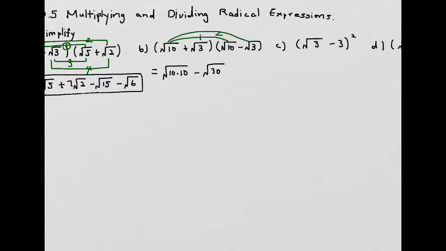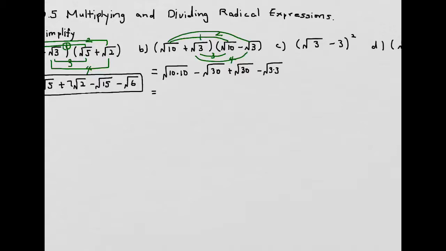And then when you multiply inner, you're going to get positive square root of 30. And then when you multiply last two, you will get negative square root of 3 times 3.